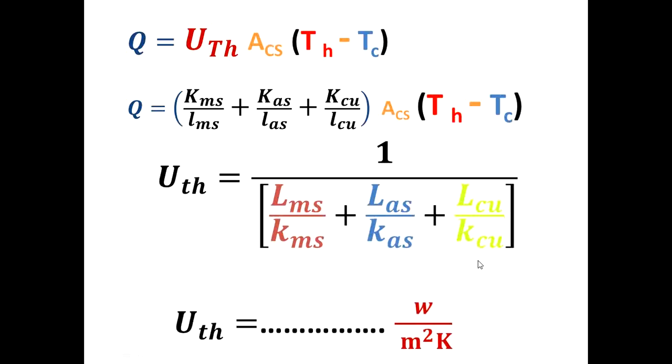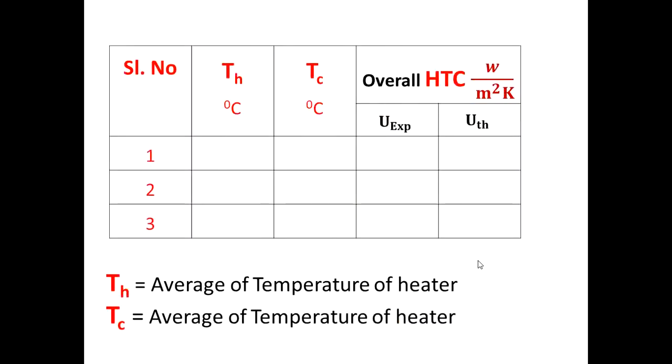This is the theoretical calculation of the overall heat transfer coefficient. At the end, the result tabular column, you can write like this, done experimentally and theoretically.